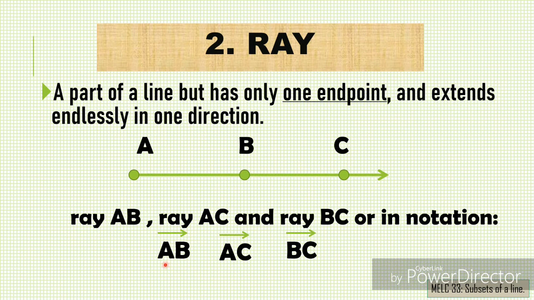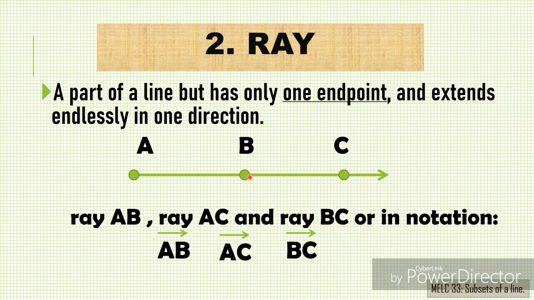Pero take note, kapag pinangalanan, when we name a ray, mag-start tayo dun sa endpoint. Tingnan nyo yung A, A, B. Yun yung mga portion na tinatawag nating endpoint. Yung B, C, C, siya yung second letter natin, yung portion na na-extend. Halimbawa, yung ray AB, ulitin natin ha, ito yung endpoint.